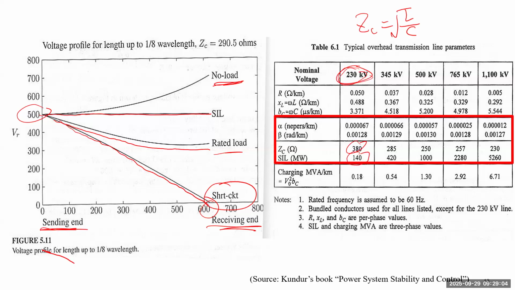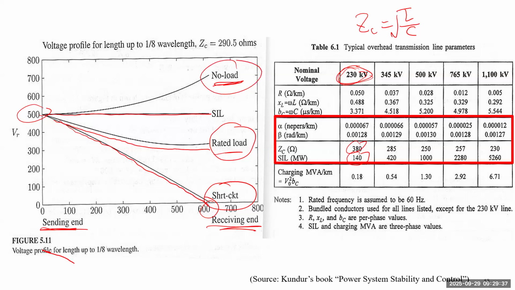For a 230 kV line, the surge impedance load, or in other words the ideal load, will be 140 megawatts. If you use this voltage line to power 140 megawatts, the voltage everywhere will be perfect, okay? But if your load increases to double, you will expect to see the voltage on the receiving end be lower. If you open the line for maintenance, you will have a higher voltage.